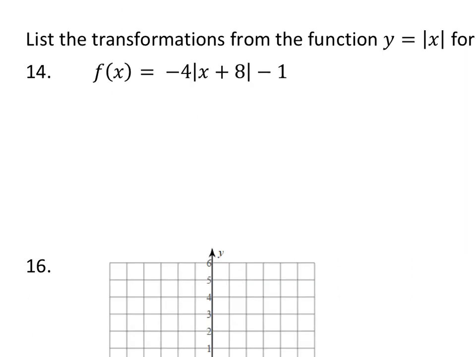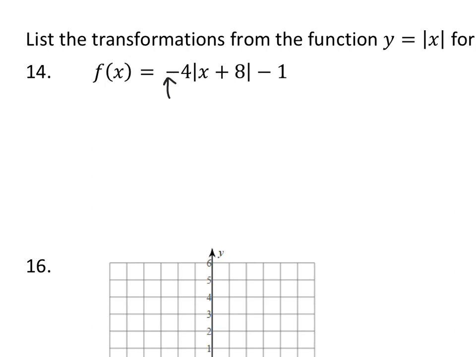For problem 14, you are to list the transformations from the function y equals absolute value of x for each situation. So we're just going to do problem 14 in this case. And so I want you to look from left to right at what each transformation is. We have several transformations. We have this transformation right here, which is the negative sign.